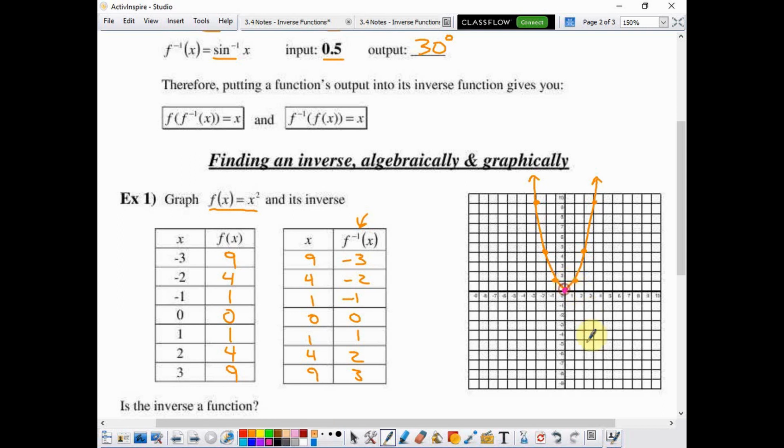So we have 0, 0, 1, negative 1, and 1, 1, 4, negative 2, and 4, 2, 9, negative 3, and 9, 3. So we'll dot in the graph of the inverse.